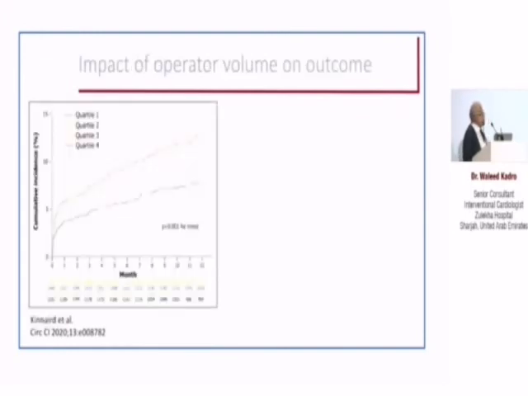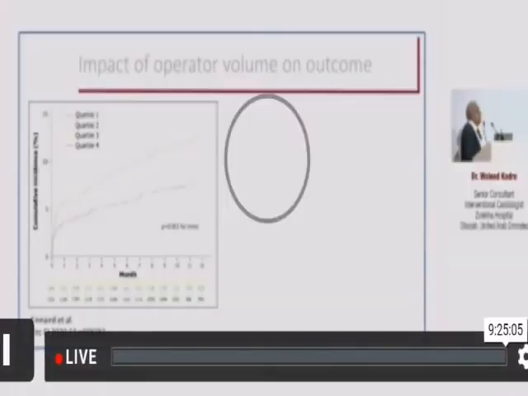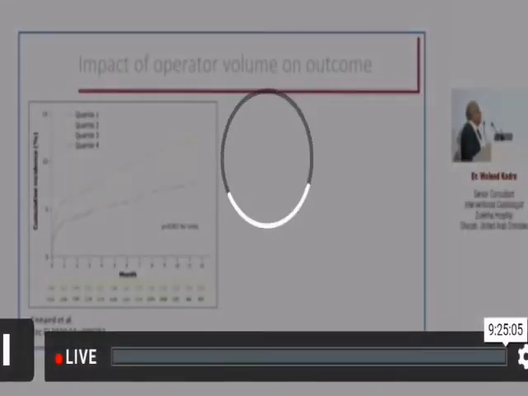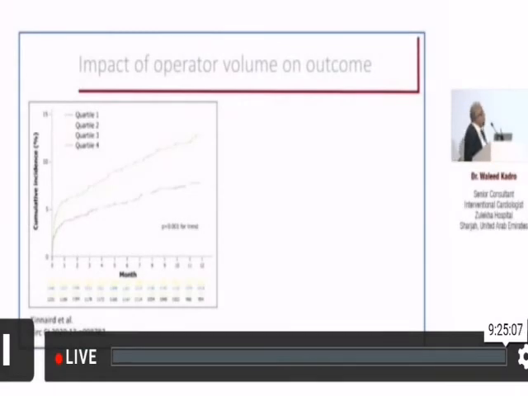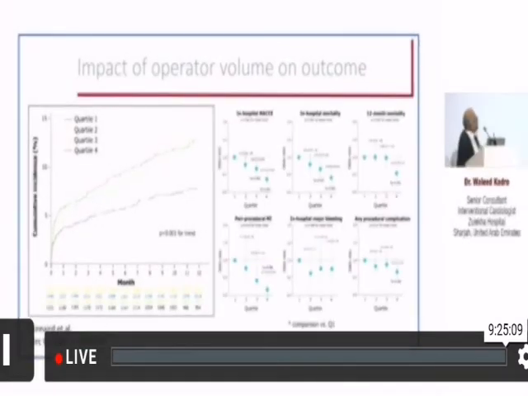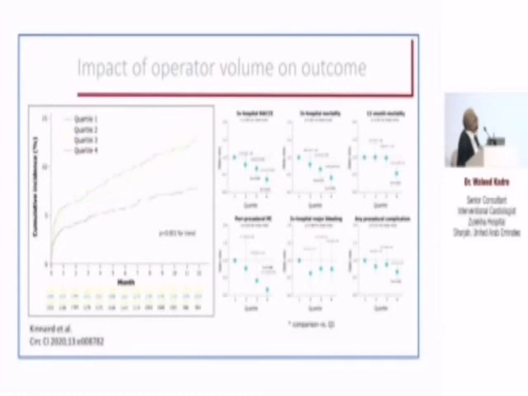And according to this quartile, the people in the higher quartile are more experienced, and they get a significant reduction in all-cause death, revascularization and myocardial infarction. So being a high-volume operator may affect your result for the intervention and for the left main, and that's not reflected in this curve.